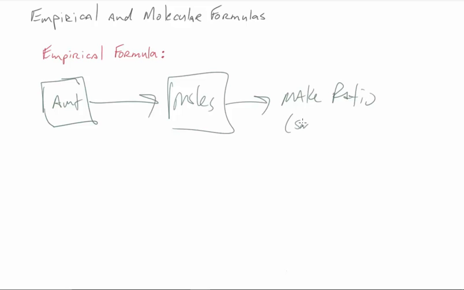And again, these should be small, whole numbers, and the reason for that is that these ratios actually become subscripts. All right, and I dare you to find any molecule where subscripts will be listed as anything but a whole number, okay?